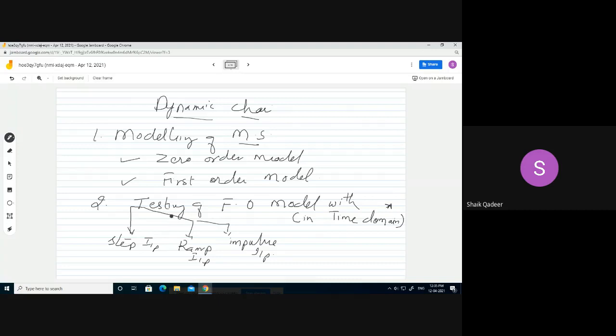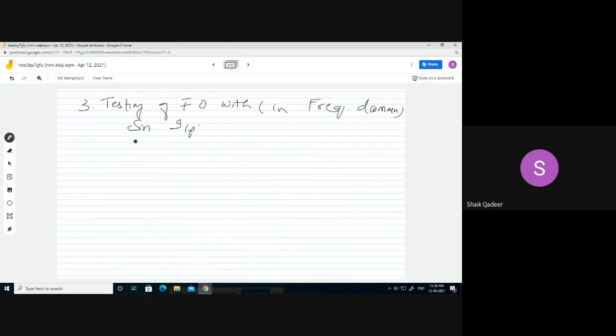Then, after preparing the model of the measurement system, we will see how to perform testing of this model in two domains. One is time domain, second one frequency domain. When it is in time domain, three different types of excitations are used. When it is in frequency domain, this excitation is used. What is the name of this excitation?